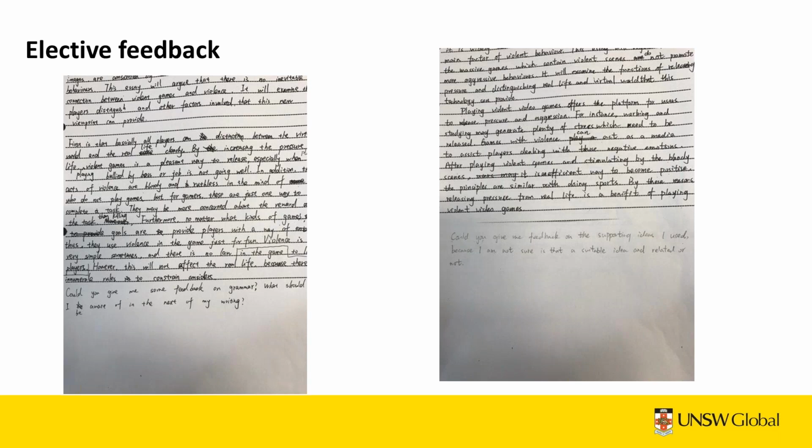So they direct what they want the teachers to focus on. So in this particular example, a student wants to get feedback on grammar, and on the same task, another student would like to have feedback on the supporting ideas.